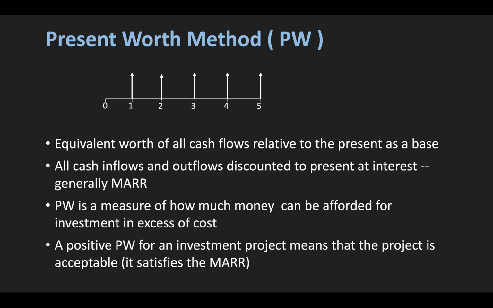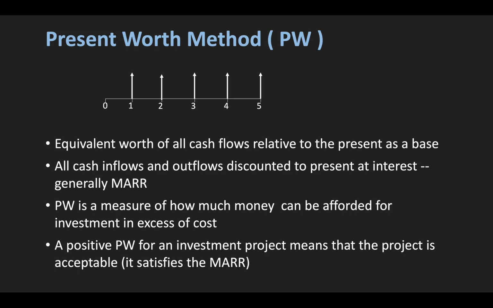Present worth is a measure of how much money can be afforded for investment in excess of cost. So we put all the money at time 0, and we can find out how much money we can afford for the investment. Usually a positive present worth or present value for an investment project means that the project is acceptable because it satisfies MARR.